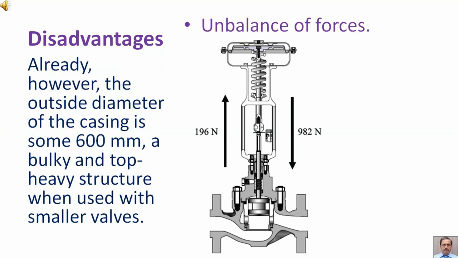Already, however, the outside diameter of the casing is some 600 mm, a bulky and top-heavy structure when used with smaller valves.